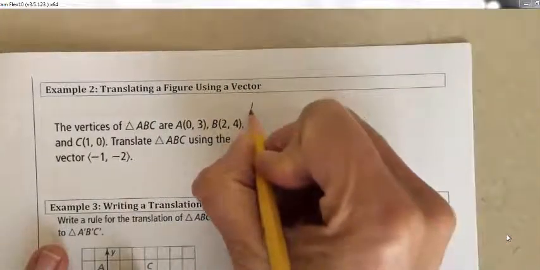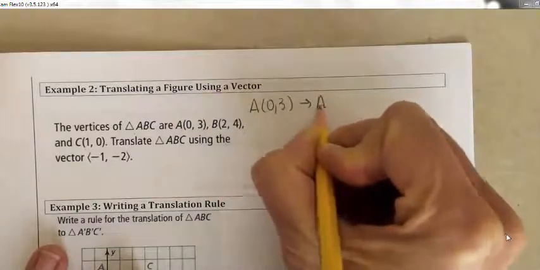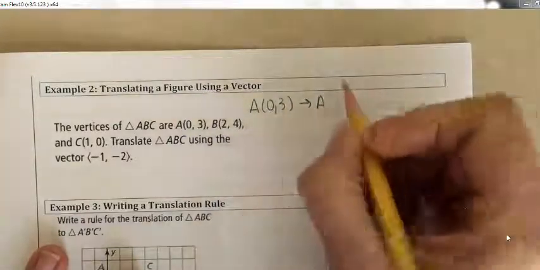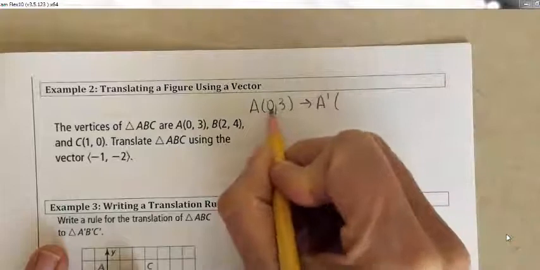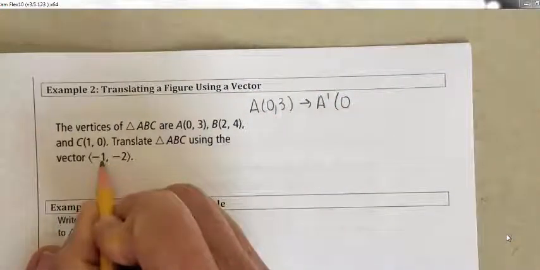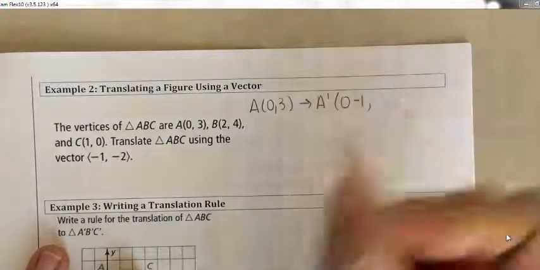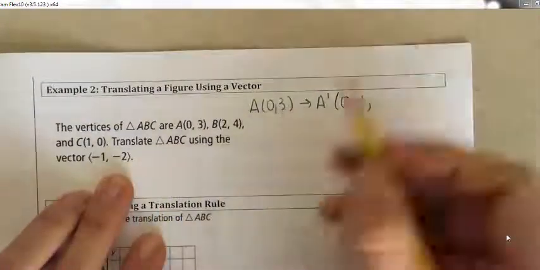Okay, so point A is 0, 3. To get A prime, I'm going to take that horizontal or the x coordinate and add to it the horizontal component. Well, that's really just 0 plus -1 or 0 minus 1. And then to get y, I'm going to do the exact same thing.